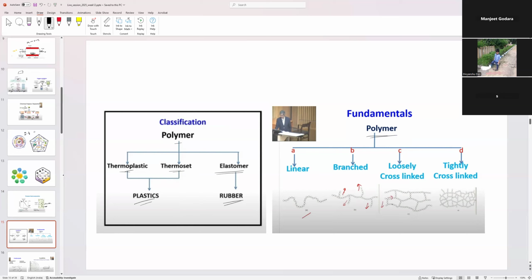On the basis of how they're linked, polymers are classified as linear, where you have the polymer chain; branched, where the main chain has side chains attached to it; loosely cross-linked, where there are main chains and a few interconnects in between; and then tightly cross-linked, where the chains are very tightly cross-linked to each other. So this is much less elastic or rubbery.